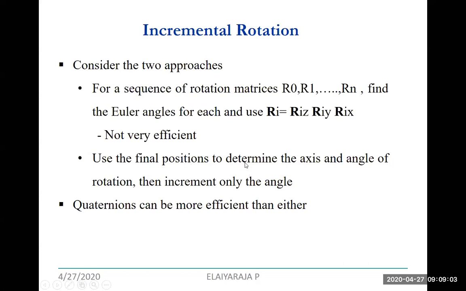Use the final position to determine the axis and angle of rotation, then increment only the angle. Whatever rotated object you are getting, take the final position, then increment only by the angle. Compared to these two approaches, quaternions are more efficient.